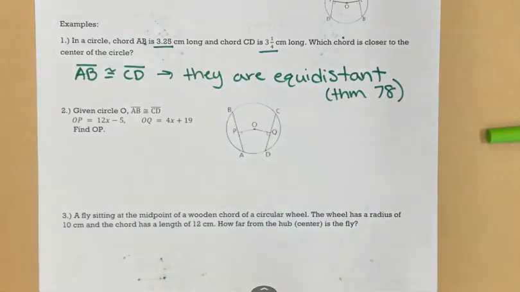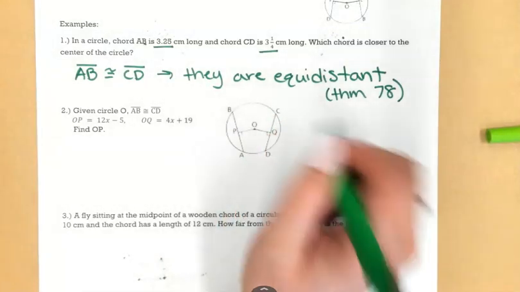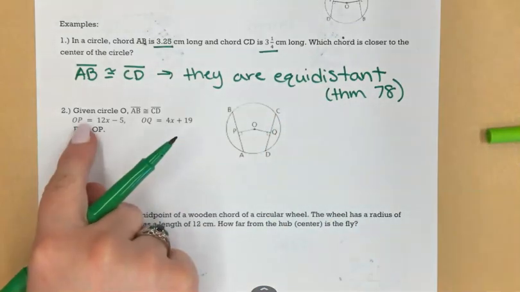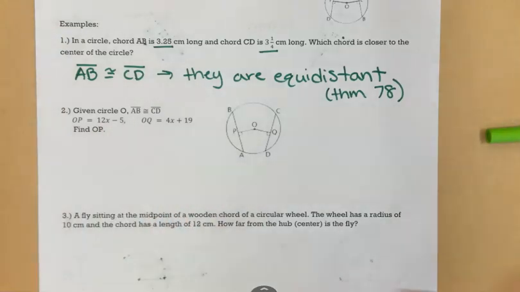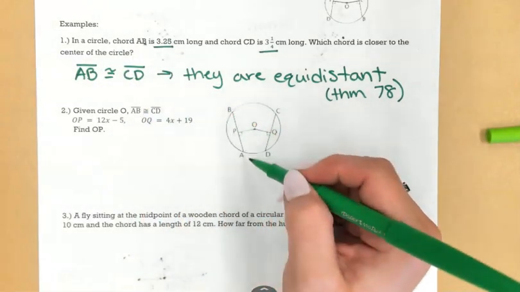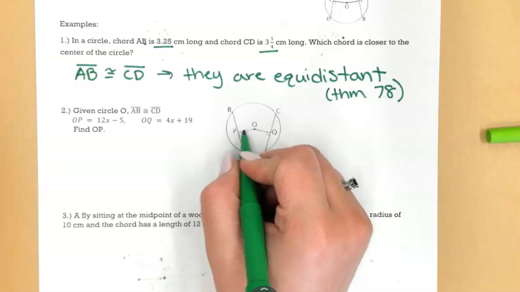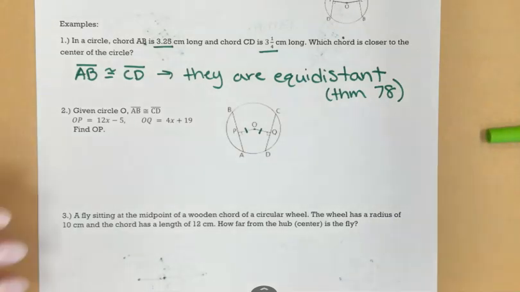Okay, let's throw some algebra in there. If I've got circle O and I know that chords AB and CD are congruent, then OP is 12x minus 5 and OQ is 4x plus 19. We want to find the length of OP. Well, just like I talked about in problem 1 here, if the chords are congruent, that means they are equidistant from the center. So OP and OQ are also congruent.